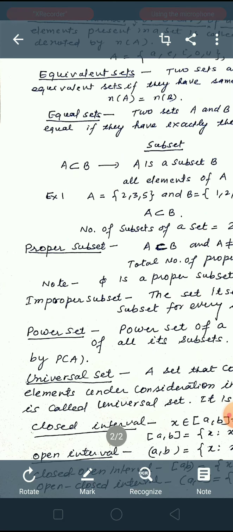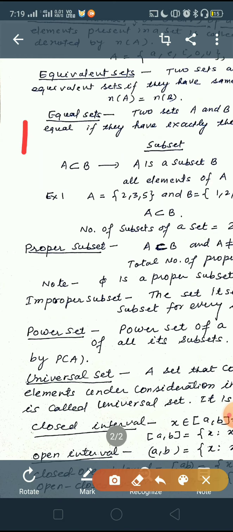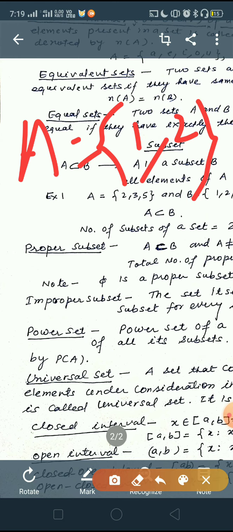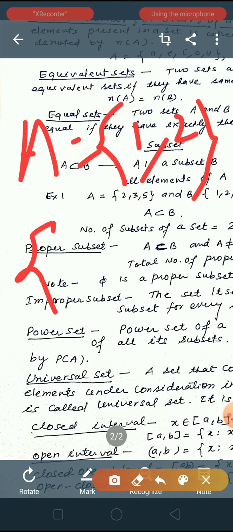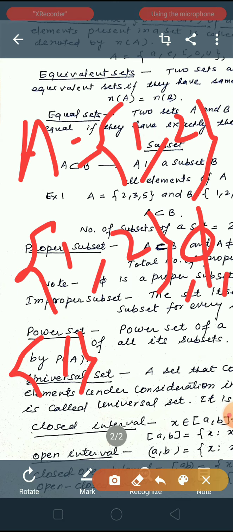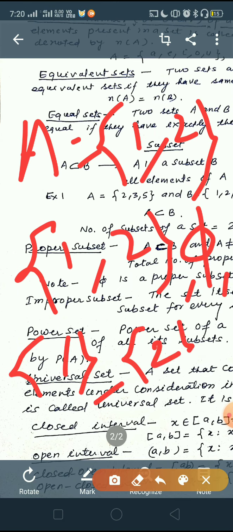Let's take another example. A is equal to {1, 2}. First we write all the subsets of A: {1, 2}, the set itself, phi, {1} singleton set, {2} singleton set.